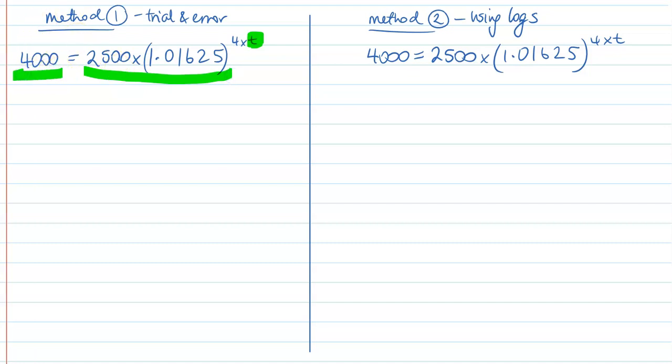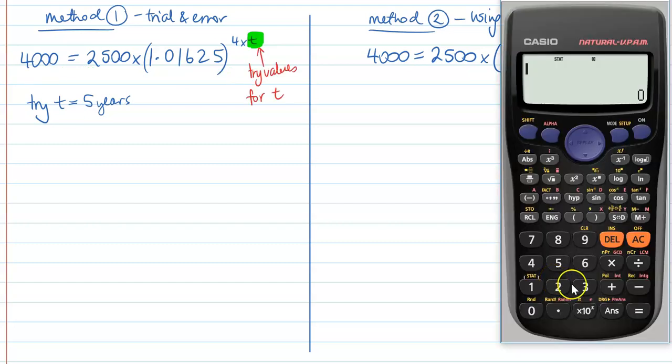So you're going to trial values by putting into your calculator the right-hand side, and to start with, you can do like checks. So I'm going to start with trying 5 years. If it's too much, I'll knock it back. So let's enter these values into our calculator.